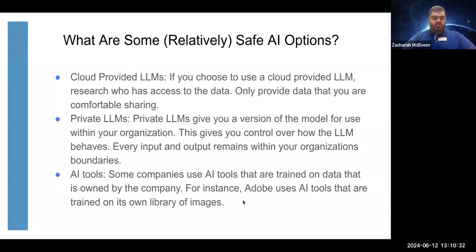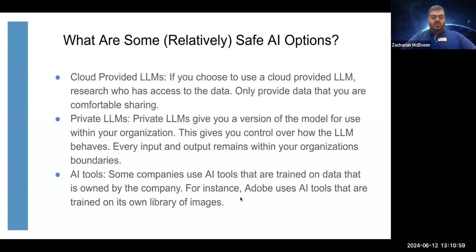And then AI tools. Even if we're not talking about language models like ChatGPT, you're going to see a lot of tools that we use start to incorporate AI. One example that I've used is Adobe. We use Adobe where I work, and they have started incorporating AI tools into their visual products.